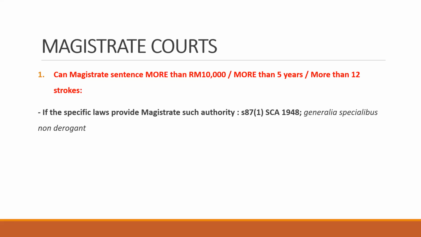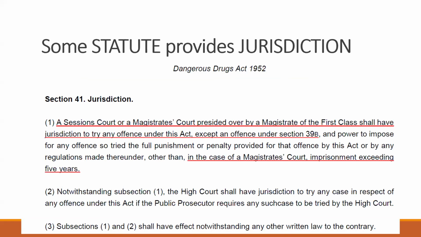Everything is about drugs in Malaysia. So DDA itself is a specific statute for drug offences, and some of these specific statutes do provide jurisdiction for the court to try and also to give sentences. I hope you can follow me.